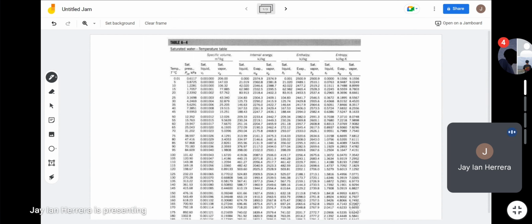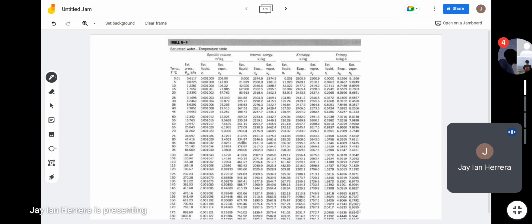So, normally, problems natin, given pressure and temperature as properties of vapors. And then, kunwari, sinabi sa problem na 80 ang temperature sa labas ng turbine. Saturated temperature is 80. So, given ang saturated temperature na 80, makukuha natin yung mga properties of vapor.